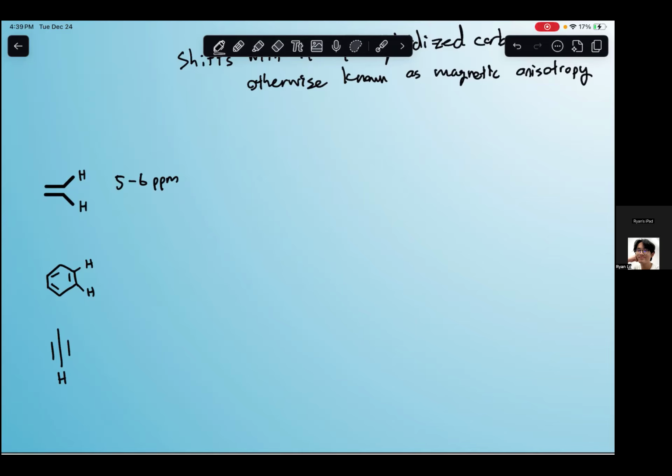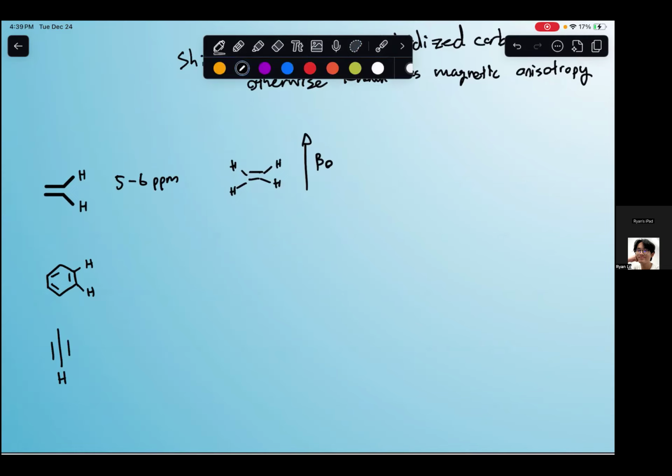If you take this and throw it into an H&MR machine, you have your applied field. Those electrons will begin to move around in a circle, and you generate that induced magnetic field.